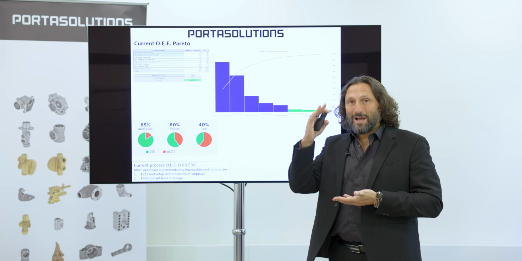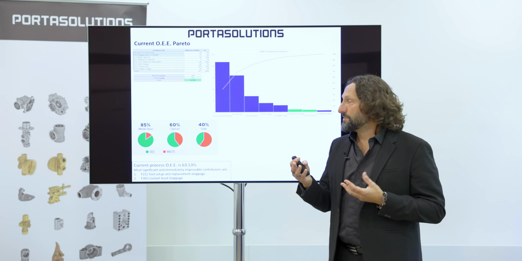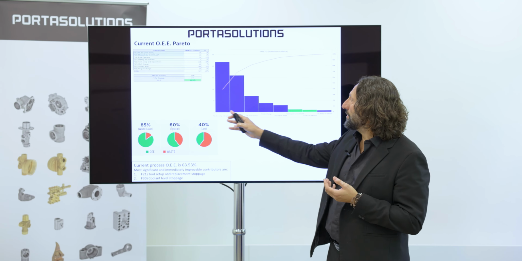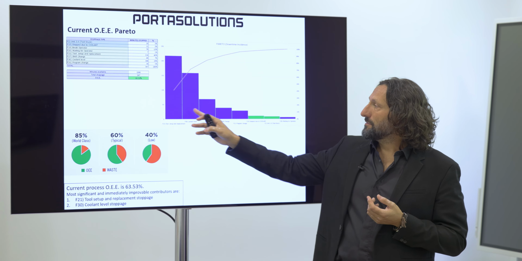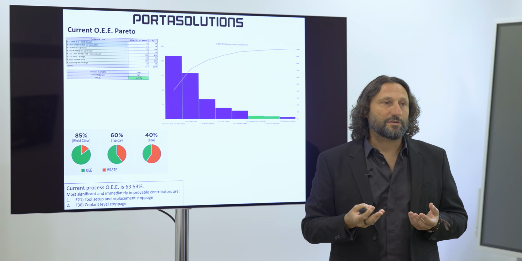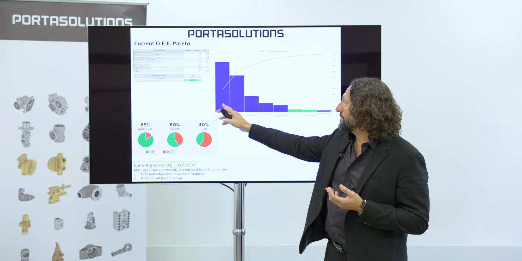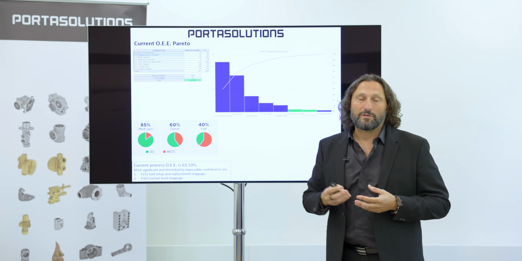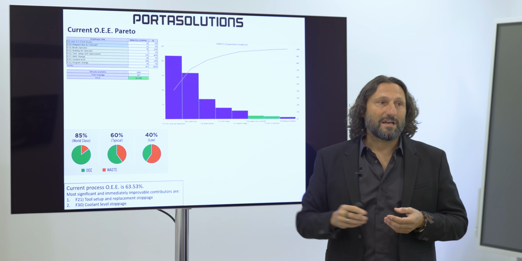But once we have this list of stoppages on the machine, we apply the Pareto principle, where we see the two main reasons why we are losing production. And thanks to the Pareto principle, we're going to work on these two to improve our OEE. The first one is tool setup.